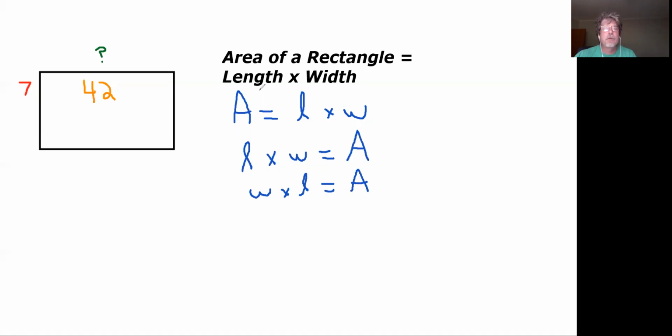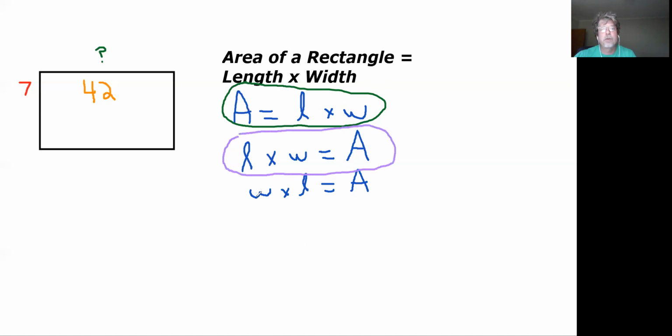Most commonly, we see the formula written in this format. Also, you may see this as another way. Very rarely do you see width times length equals the area, but those are all interchangeable if you want.